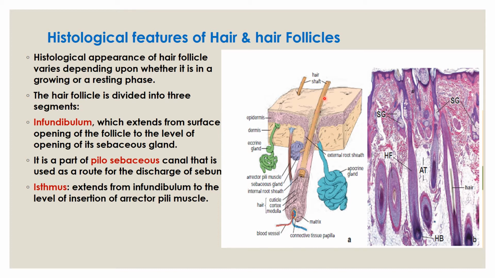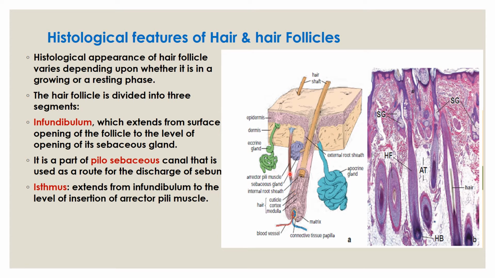So, the common pathway for the emergence of this hair and also the secretions of the sebaceous gland, the sebum, is poured out through this external orifice. This part is also called the pilosebaceous canal. The sebaceous gland, its duct, and this canal of the hair, the infundibulum part, are called the pilosebaceous unit.